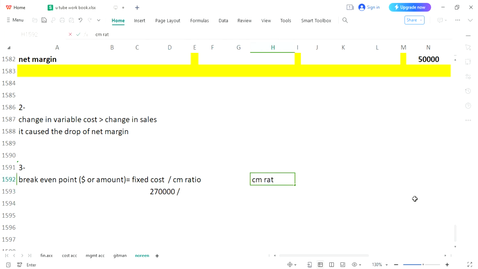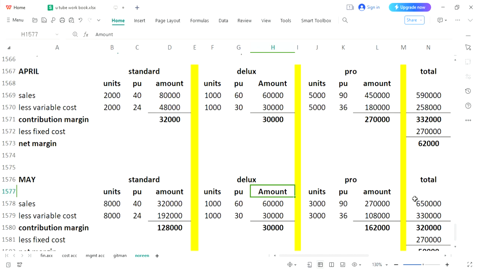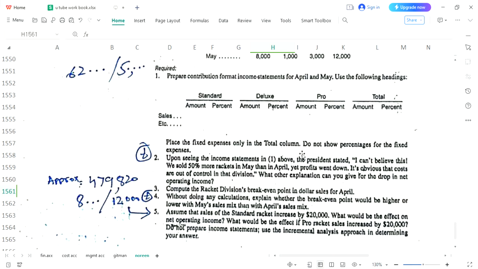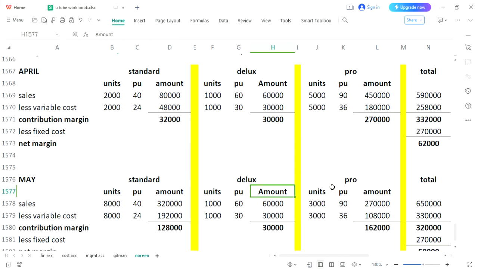CM ratio is calculated by dividing CM by sales. Contribution margin in April, which month does he want to calculate? Let's see. April. We are related with April, so we will follow only these calculations. In April, our contribution margin is 332,000.